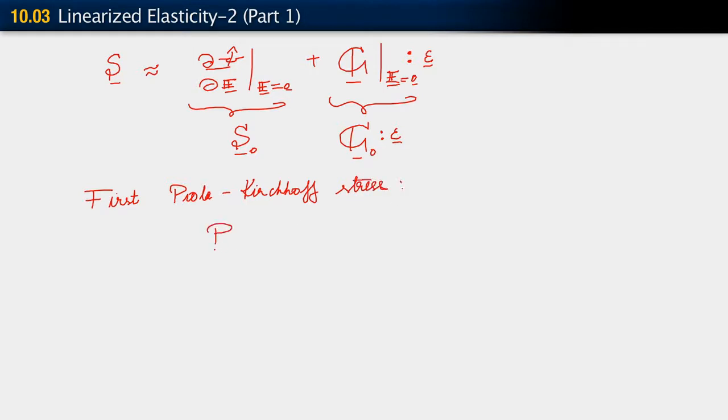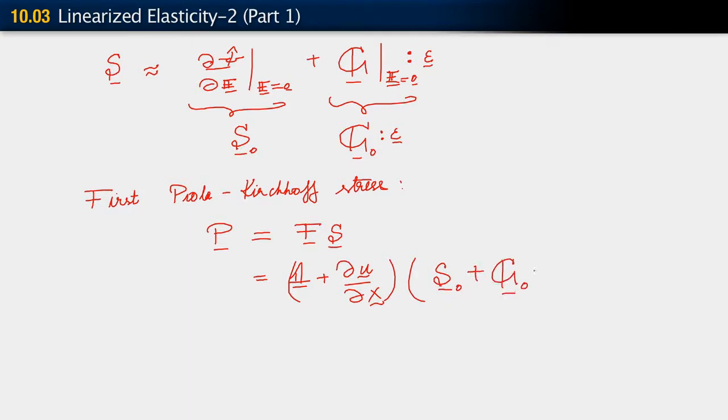P equals F S, which is isotropic tensor plus partial of u with respect to x, times S, which is now S naught plus C naught contracted with epsilon.